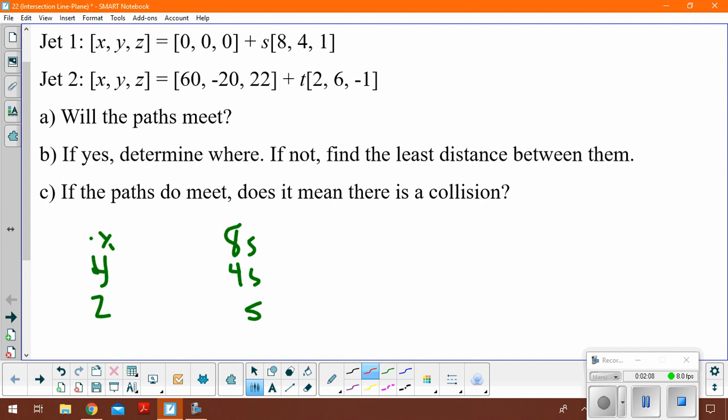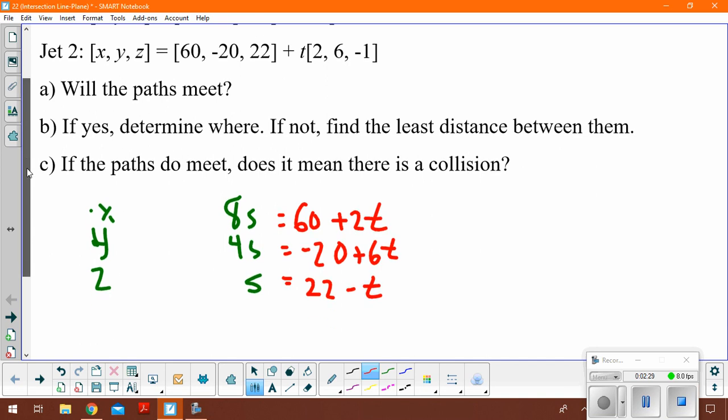For my second line, my parameters are 60 plus 2t, negative 20 plus 6t, and 22 minus t.